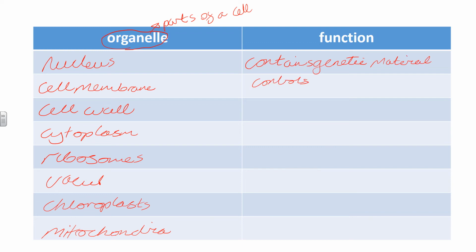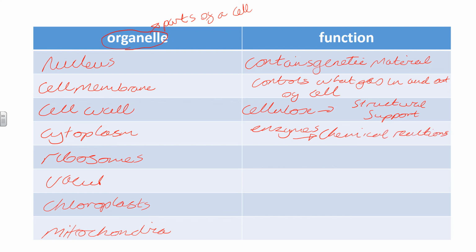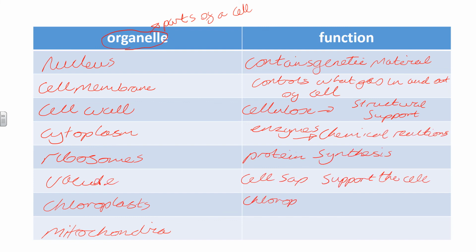For the cell membrane, it controls substances going in and out of the cell, for example, gaseous exchange. We'll speed up the rest of the functions, and finish off with the function of mitochondria, which is to release energy from the process of aerobic respiration.